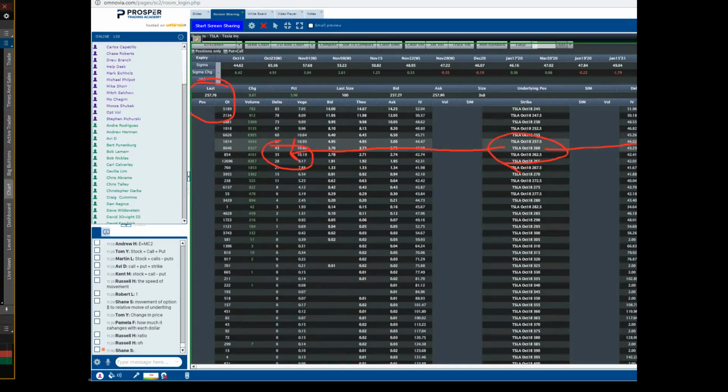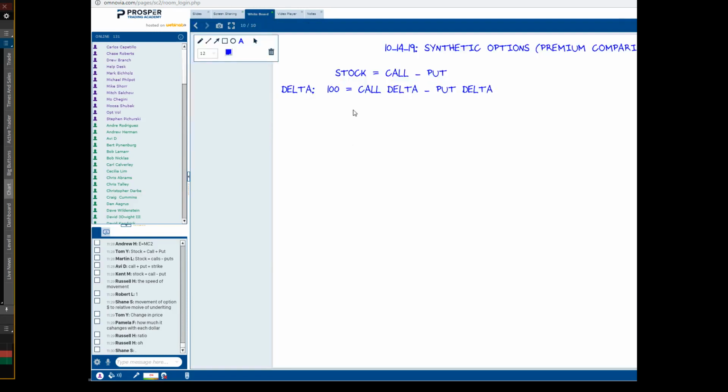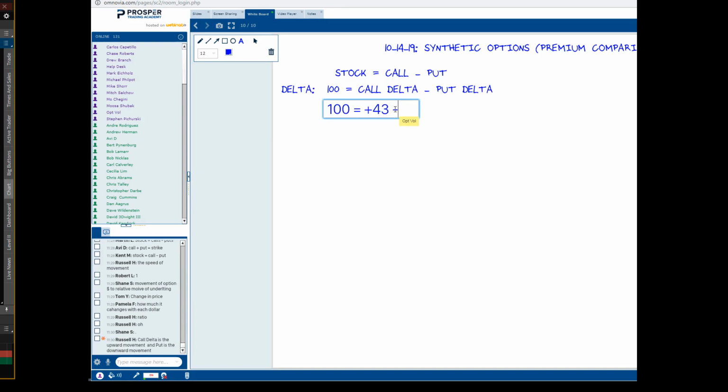The 260 put is a 57 delta. So if I throw that in my equation here, 100 equals plus 43 minus, now remember, put deltas are negative. Is that equation equivalent?